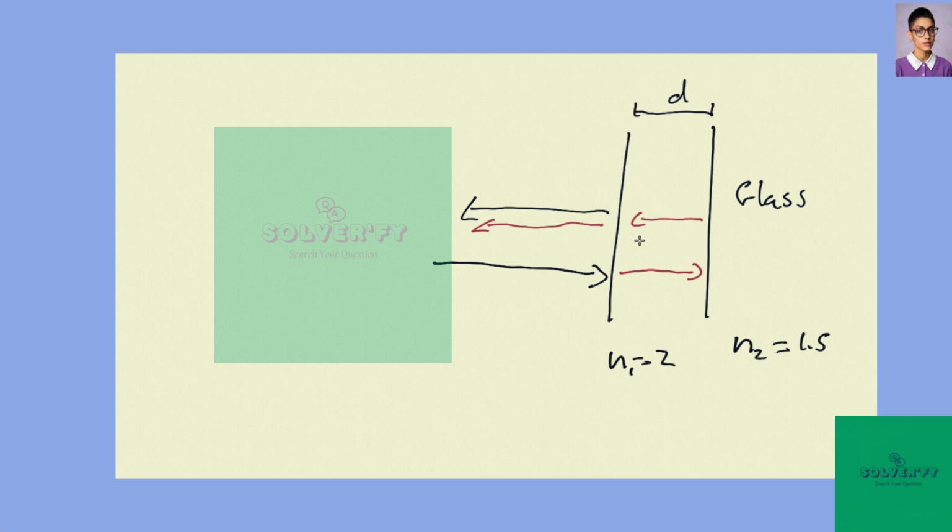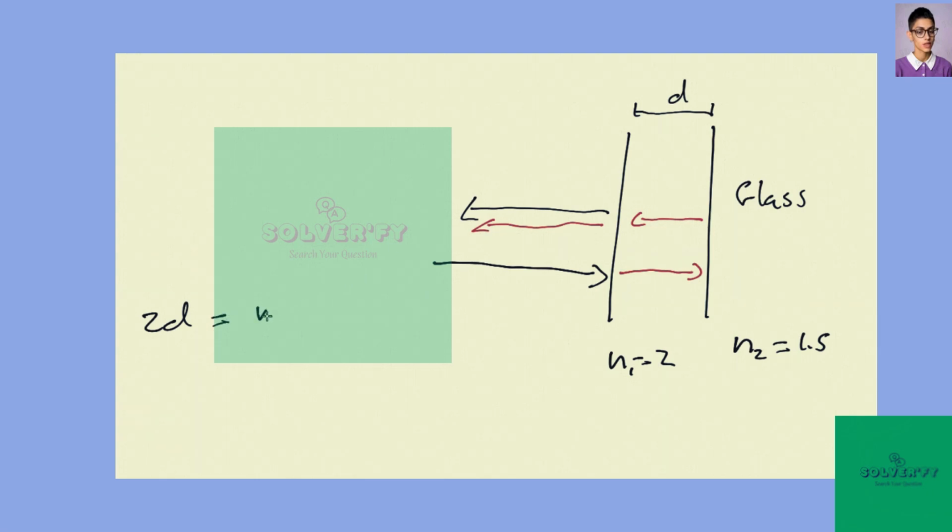So that means that the path difference, or the extra distance traveled by this red ray, has to be some multiple of the wavelength of the light. All right, so the extra distance traveled is twice this thickness D, once going to the right and once going to the left. So the extra path length is 2D, and this must equal a multiple of the wavelength.